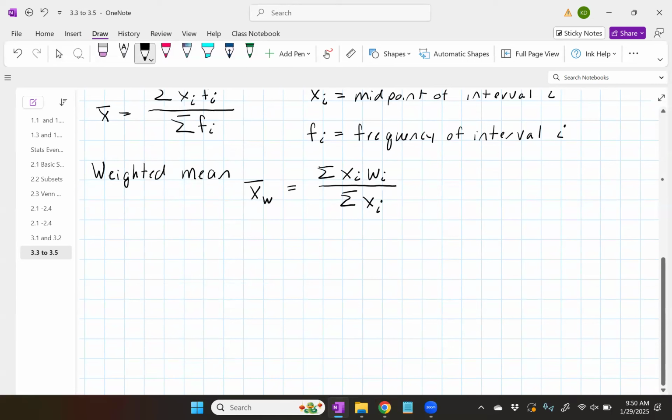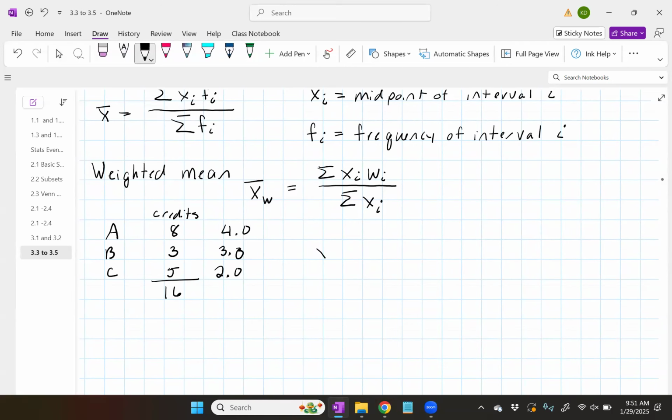Let's say you have 8 credits worth of A's, 3 credits worth of B's, and sad, you got 5 credits worth of C's. An A is worth 4.0. A B is worth 3.0. A C is 2.0. We want to figure out the weighted mean. Our total number of credits is 16.